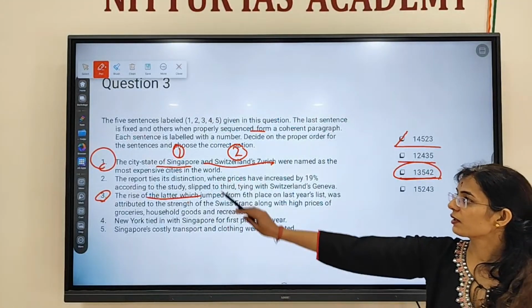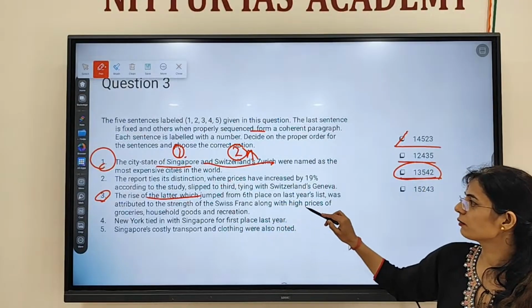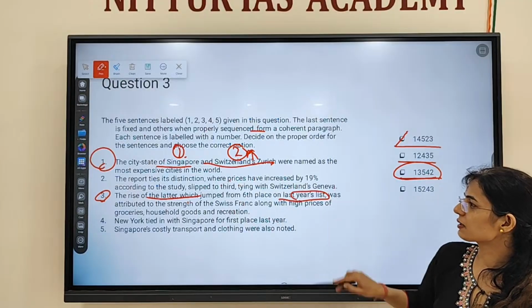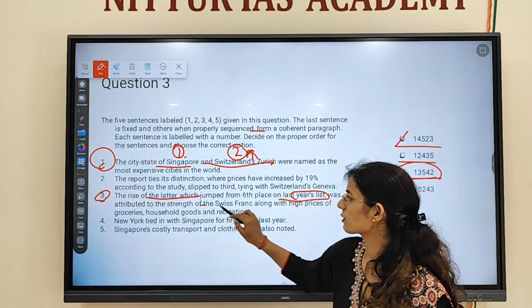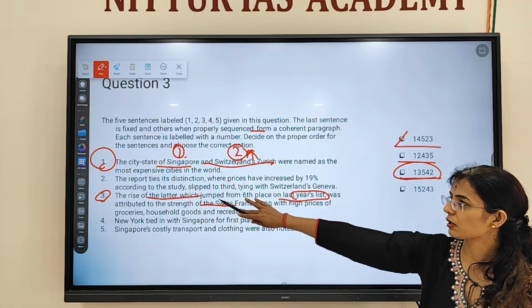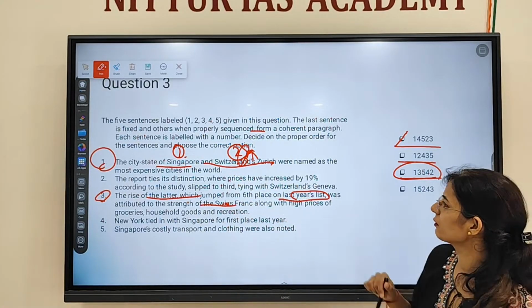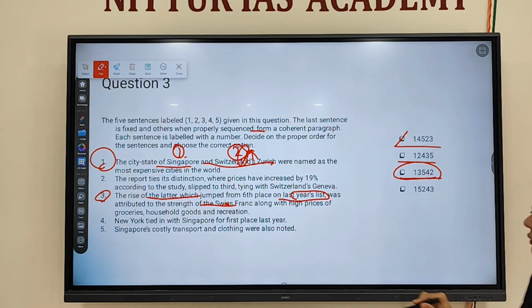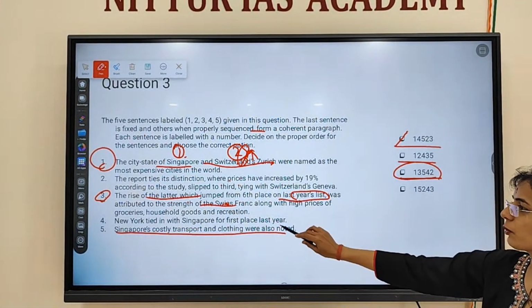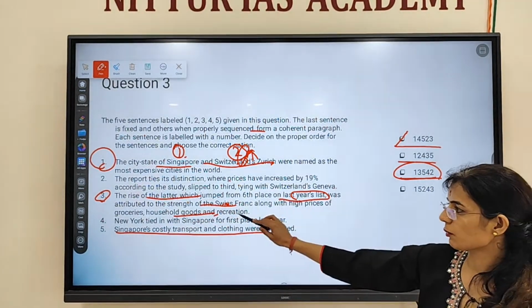Here they are having two entities, 1 and 2, and they are saying the rise of the latter one was attributed, and the rise of the latter one from last year's list is attributed to the rise of prices. Correct? So the first one is introducing two entities, the second one is giving details about the second entity, and then 1, 3, and then we have the same thing, the next sentence talking about the increase of prices, because this one is talking about price increase, right?